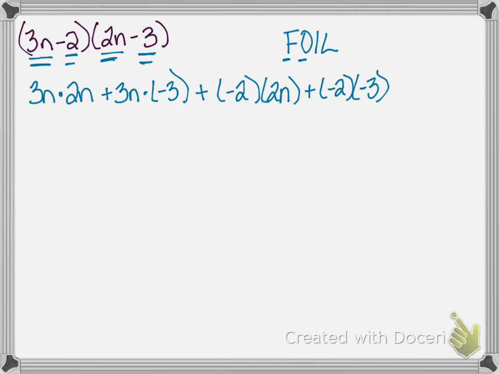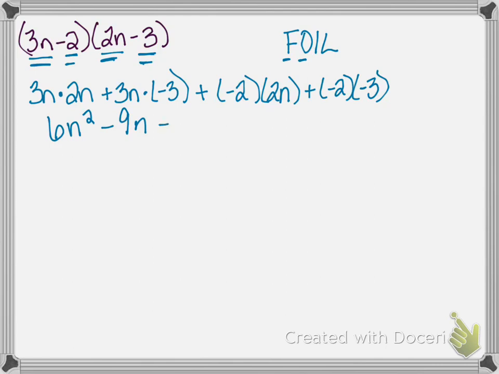Okay, and I know that students don't always write this step down, but it's helpful if you're confused at all to see that step. So now I'm going to simplify. 3 times 2 is 6. n times n is n squared. 3 times negative 3 is negative 9, and then I have an n.